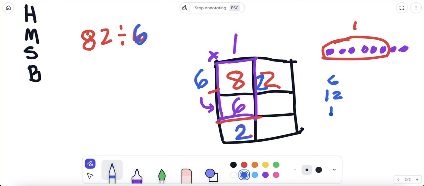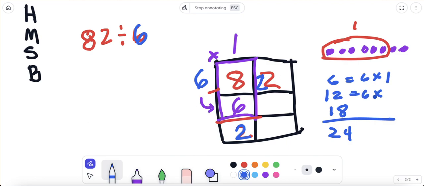Plus 6 is 18. Plus 6 is 24. Oops, 24 is more than 22. So we only have all the way here. This is 6 times 1, this is 6 times 2, and this one is 6 times 3. So we can only make 3 sets.